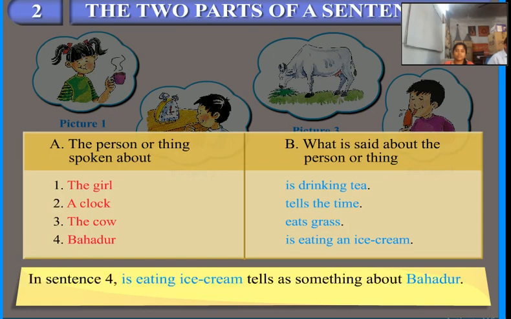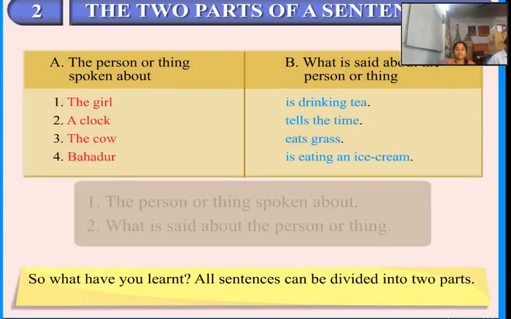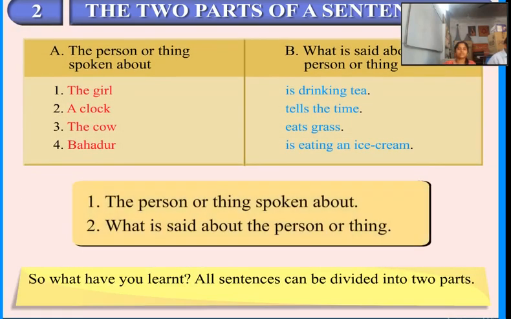And in sentence 4, is eating ice cream tells us something about Bahadur. So what have you learnt? All sentences can be divided into two parts: the person or thing spoken about and what is said about the person or thing.